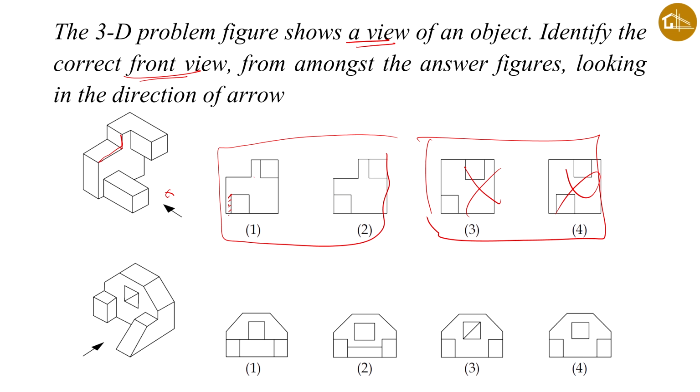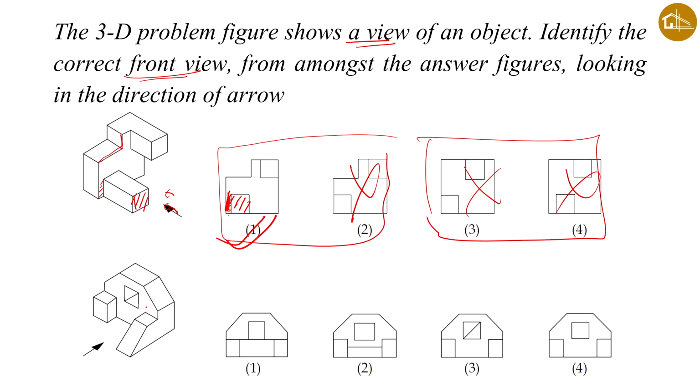So we will take this as a condition and compare it with the problem figure. If you see from here, you will see this figure, this one, and this portion is also there. That means you will see this portion also. But over here there is no portion, so this is the wrong answer. The remaining answer is the correct answer.